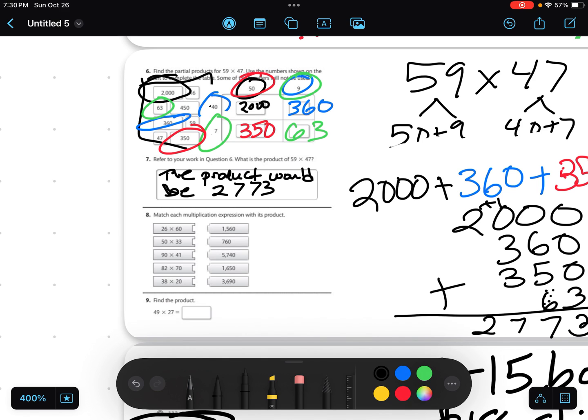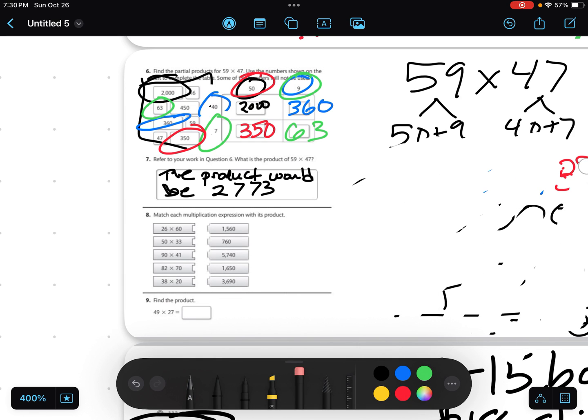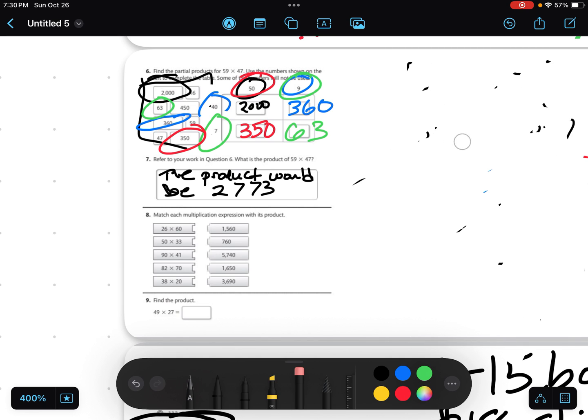All right, and then number 8, match each multiplication expression with its product. We're almost done, 2 more. So if we look at the first one, we're just going to have to solve all of them.